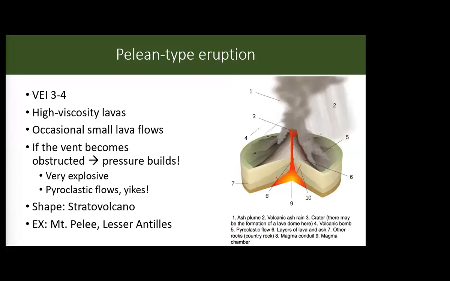So now we know a lot about these types of eruptions. These are Peléan types of eruptions. They're about mid-range on the volcanic explosivity index, 3 to 4. We have high viscosity flows. Sometimes we get small lava flows coming off the mountain, but the biggest problems with these are the pyroclastic flows, all the ash clouds, that avalanche of bombs and lapilli and ash just flowing down the mountain super, super fast.